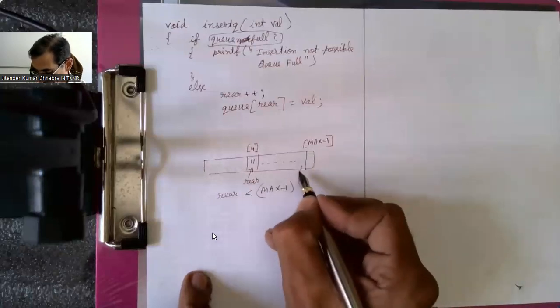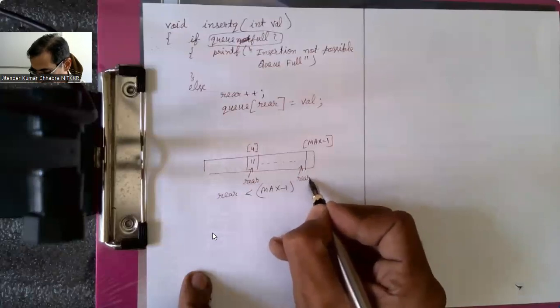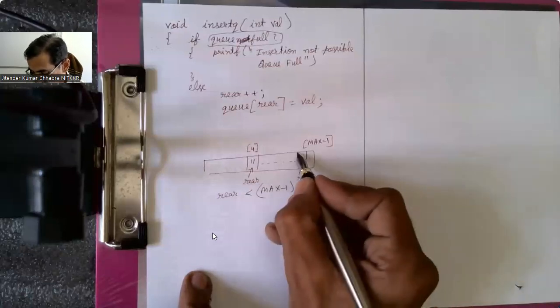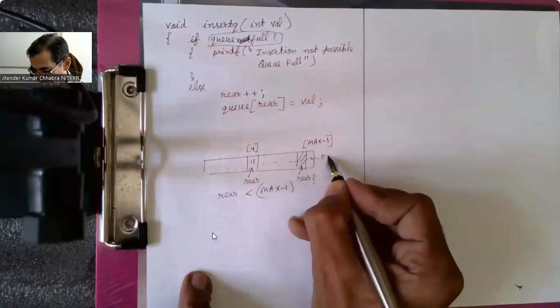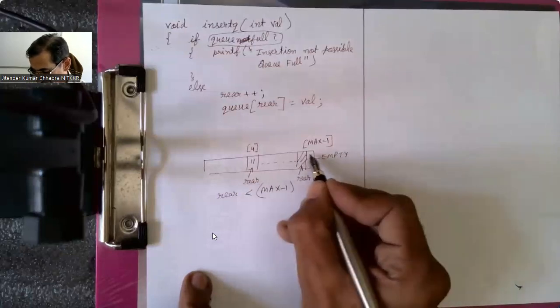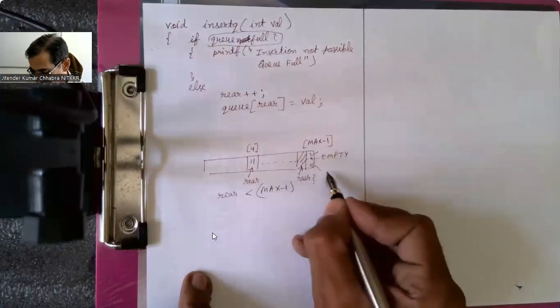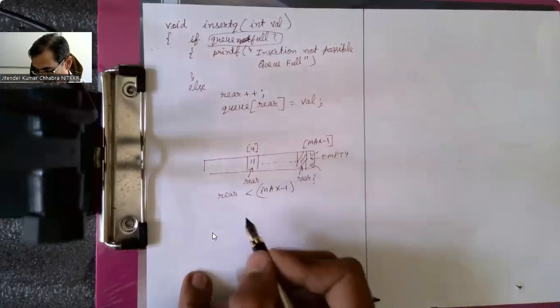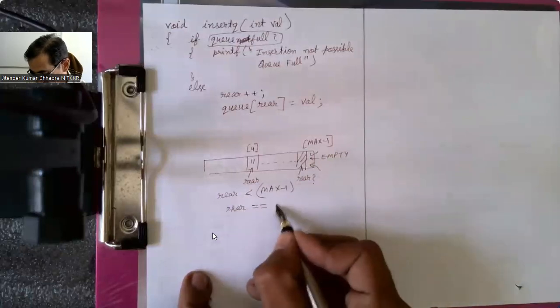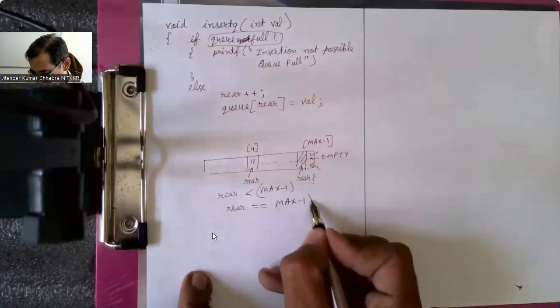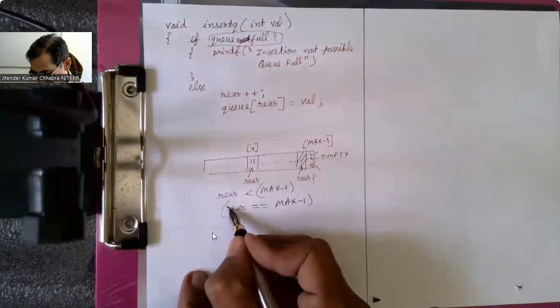Like rear reaches here. Is it full? No, because this location is full, this is empty. So when this gets full, rear will reach here and then it will be full. So effectively it means if rear becomes equal to max minus 1, then the queue has become full.